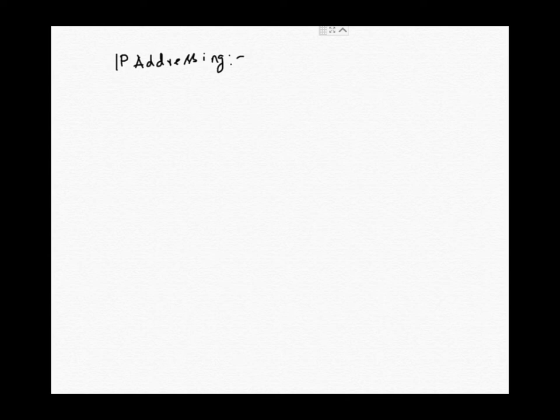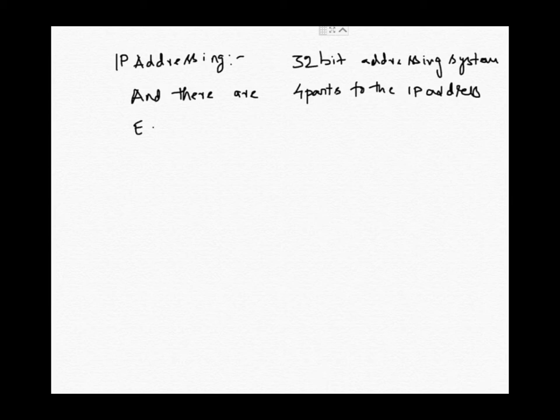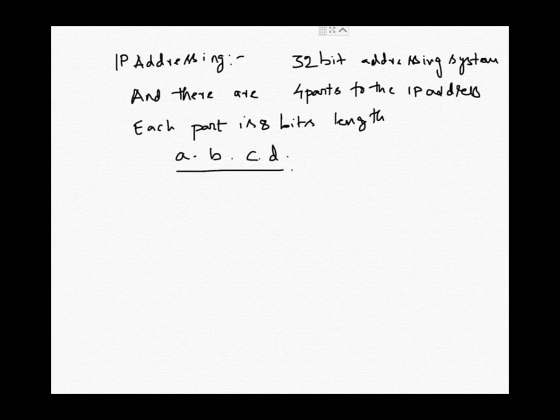The IP addressing system is a 32-bit addressing system. Each part is 8 bits in length, so it is displayed in dotted form, and each part is 8 bits.